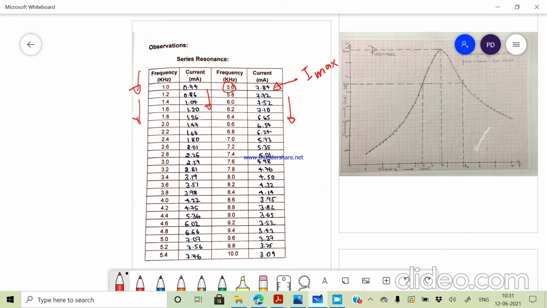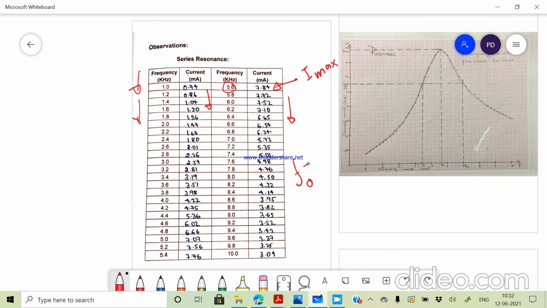Then for a particular value of frequency, the current becomes maximum, and then it starts decreasing. The frequency at which the current reaches maximum is called the resonance frequency. In this case, 5.6 kilohertz is the resonance frequency.